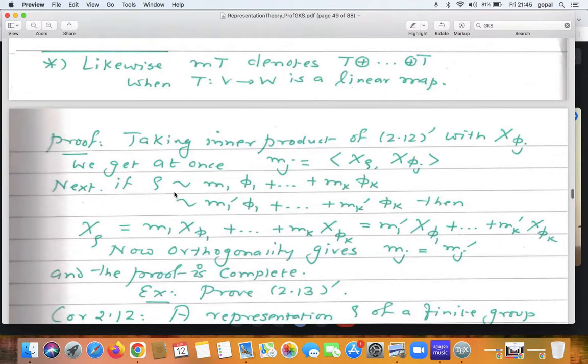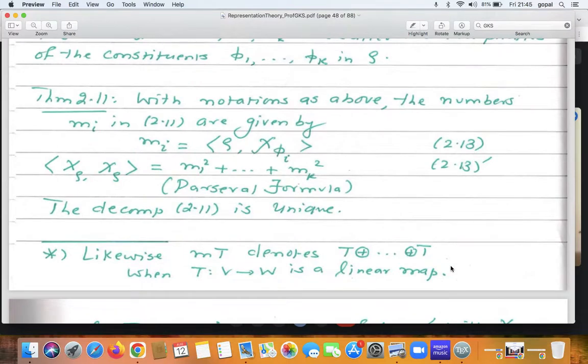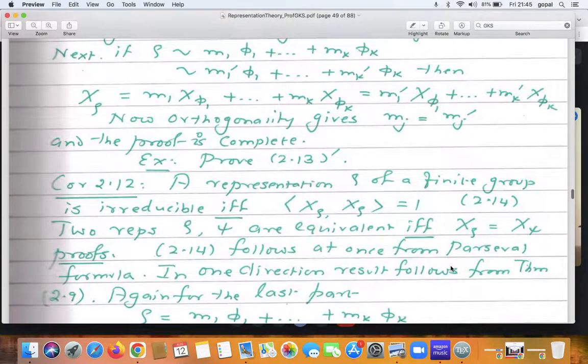Next, if rho is equivalent to m1 phi1 plus m2 phi2 plus ... plus mk phi k, it is also equivalent to m1 prime phi1 plus m2 prime phi2 plus ... plus mk prime phi k. Then we get that chi rho is m1 times chi phi1 plus ..., and also m1 prime chi phi1 plus .... Now orthogonality will give you mj equal to mj prime, and the proof is complete. And we have proved that the decomposition is unique.